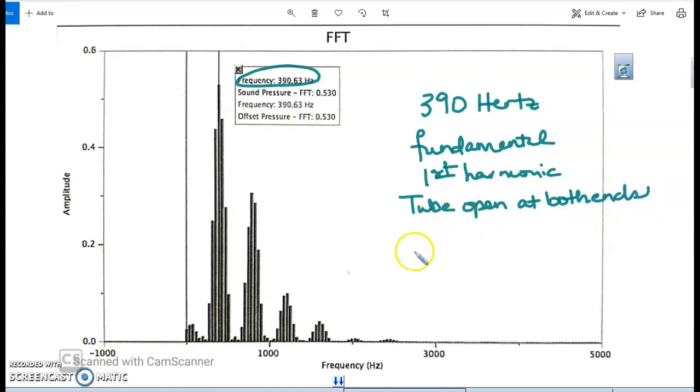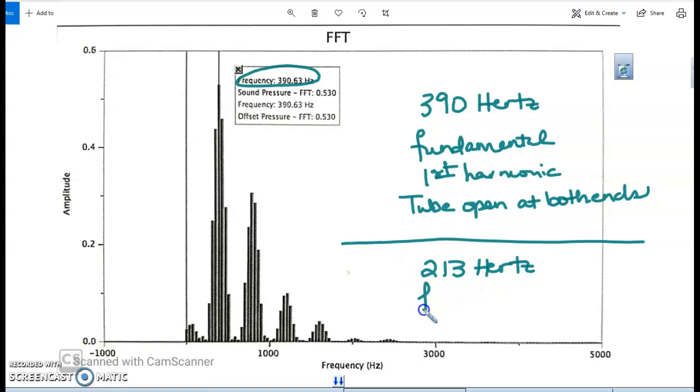Okay. Now, we could repeat this for the tube that's closed on one end, and we could look at that data, but I'm just going to give it to you. It is going to be 213 hertz. That's not from this graph, it's from a different one. This is going to be the fundamental on a tube closed at one end.